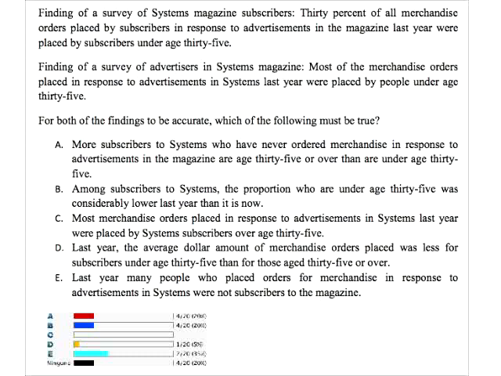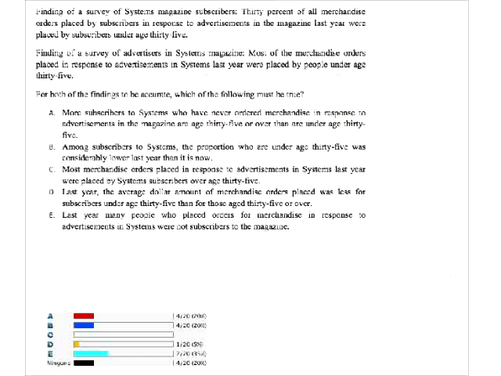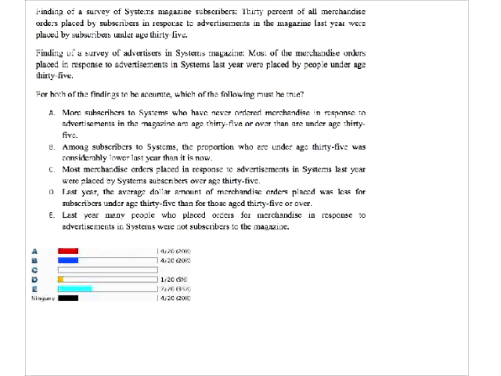Interesting. Let's take a look. And along the way, we will learn a little bit about how these things work. So let's come back to Systems Magazine in a second. Let's start with a little diversion here into a different problem.